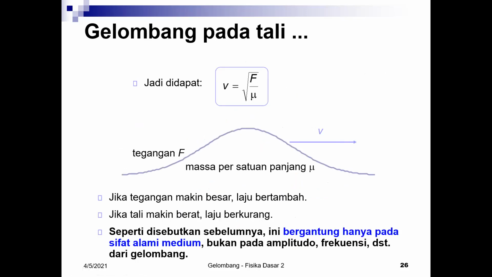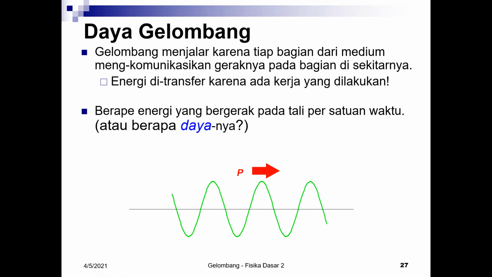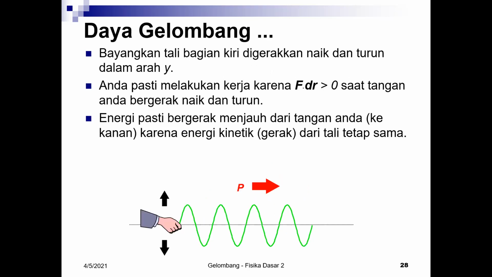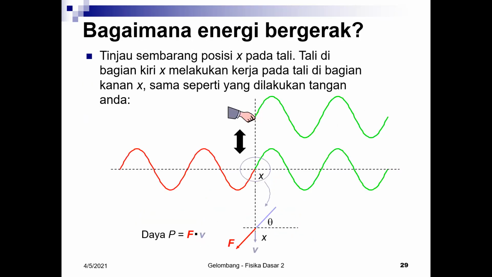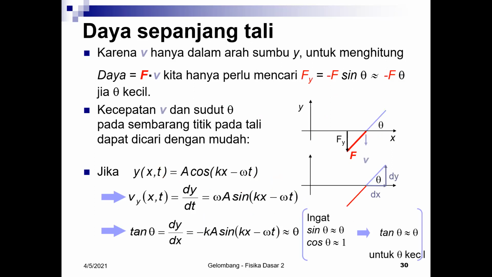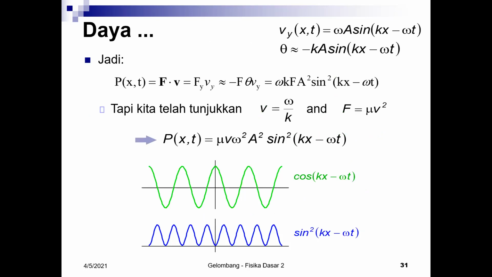So we have this one, and this is the power of the waves. It means that in every wave phenomenon, the energy propagates via the waves. So let me discuss this one.